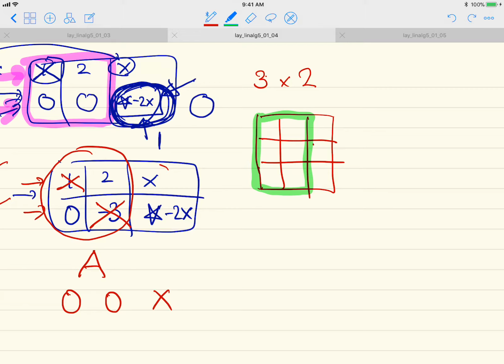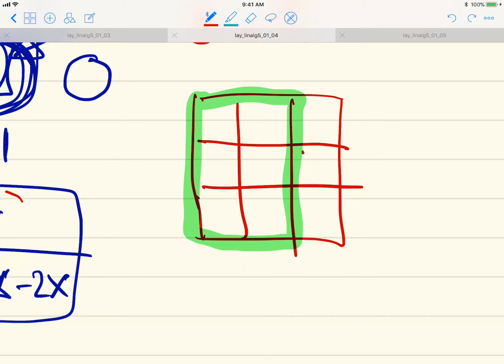So let's think about the possible pivot positions. Pivots can be here and here, right? And then we used 2 variables, corresponding to x1 and x2, and then this one is corresponding to the part of b.